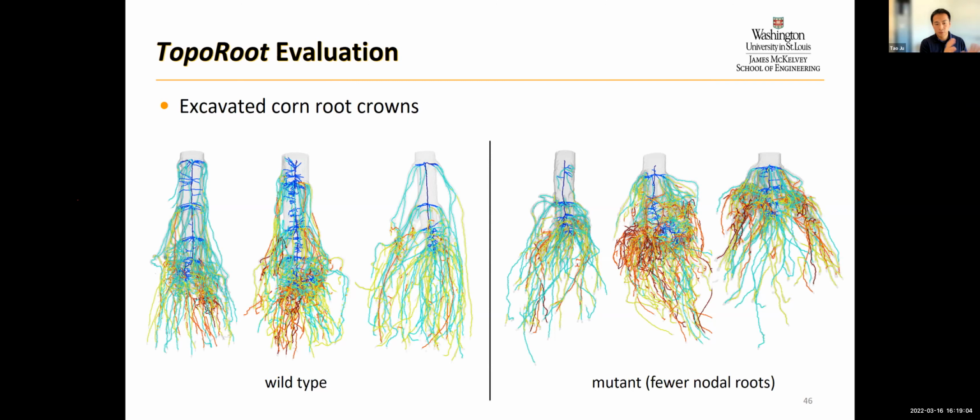There's a wild type, which is a typical corn, and there's another type where they did a genetic modification so that these roots tend to produce fewer nodal roots. Nodal roots are the roots that stem directly from the stem, or what we call the level 1 roots. Part of the exercise is to see whether a computational tool can distinguish these two types of roots, have a way to count the number of nodal roots and show a sufficient difference between that count.